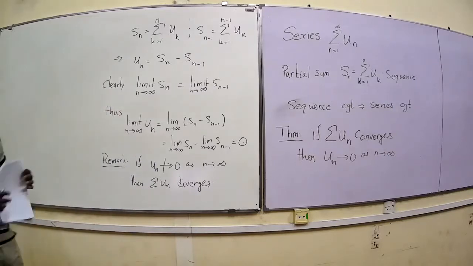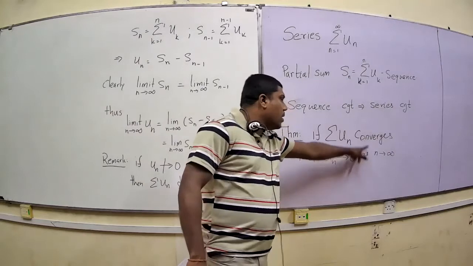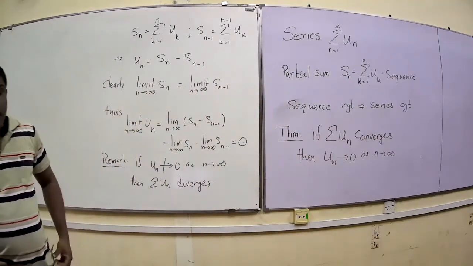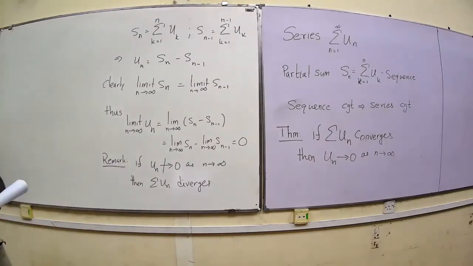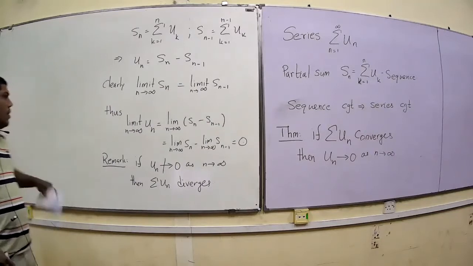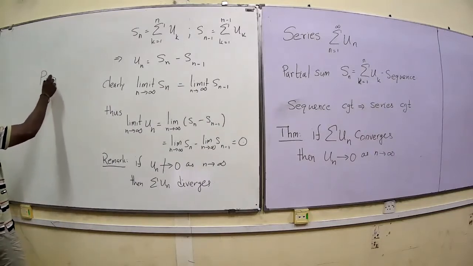Okay. So now the contrapositive: if this does not hold, then the other does not hold. P implies Q is equivalent to not Q implies not P. You must have studied this in your other pure mathematics course.